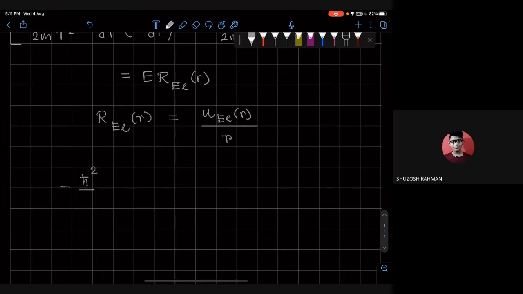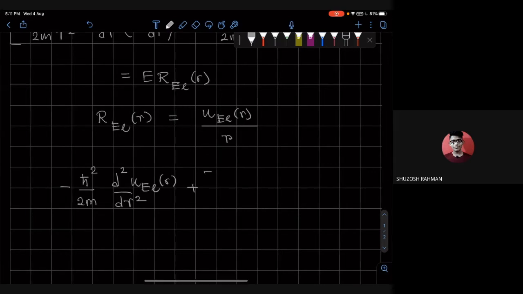So we have a term where we just have a second derivative of u. We want it to look like the Schrodinger equation for a one-dimensional system. That's what we are aiming for.